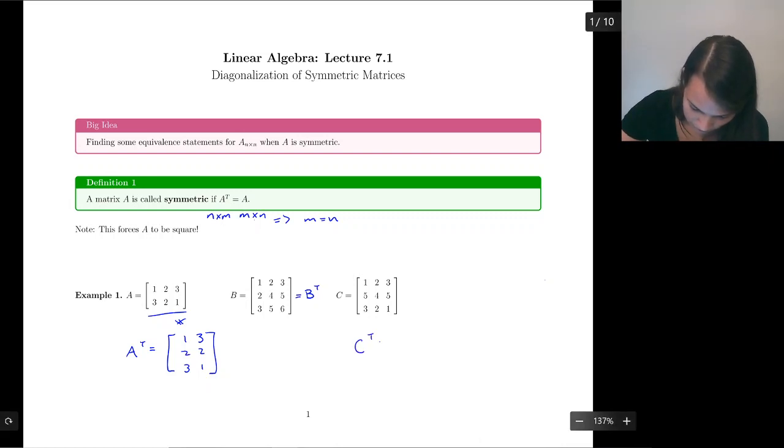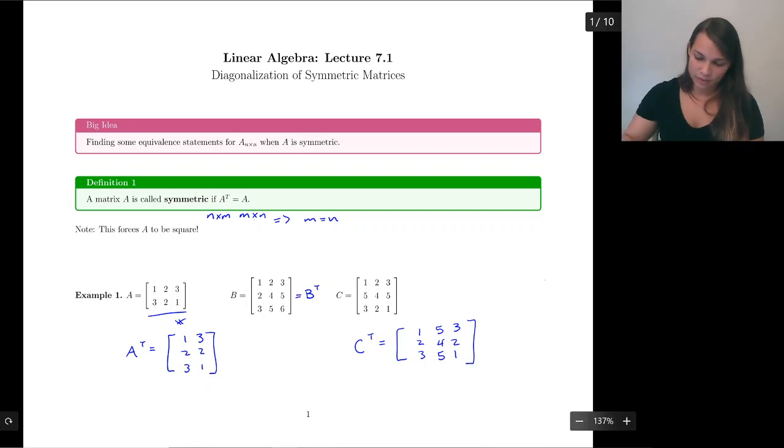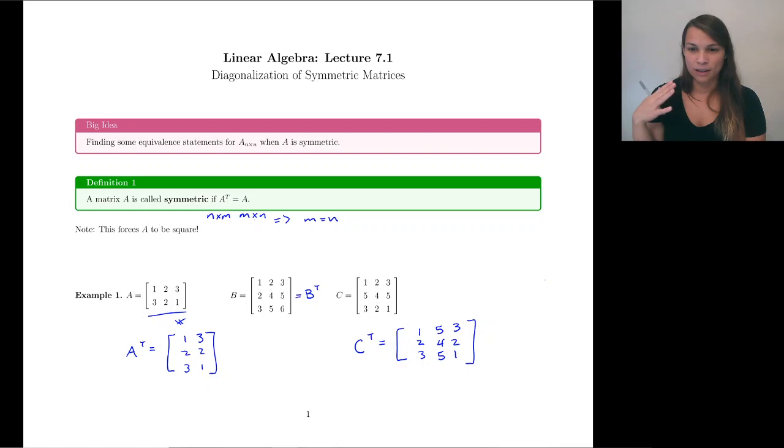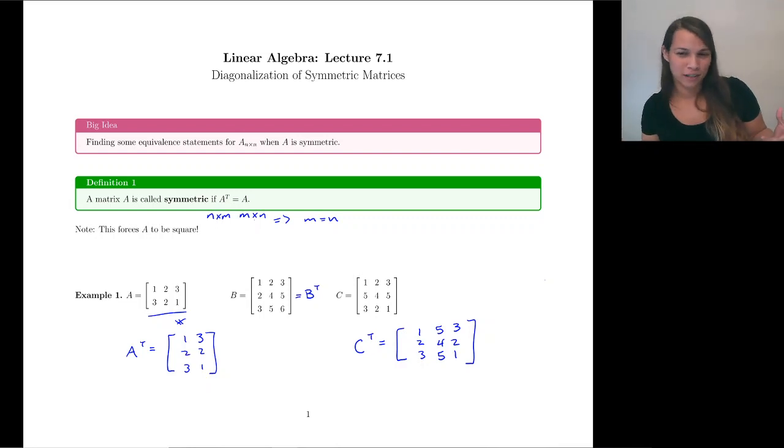C transpose, this is another interesting matrix. But when we take its transpose, it ends up looking like this. And so you've got these 5s across from each other. These 2s are across. In fact, everything going through has symmetry through the origin sort of thing going on.